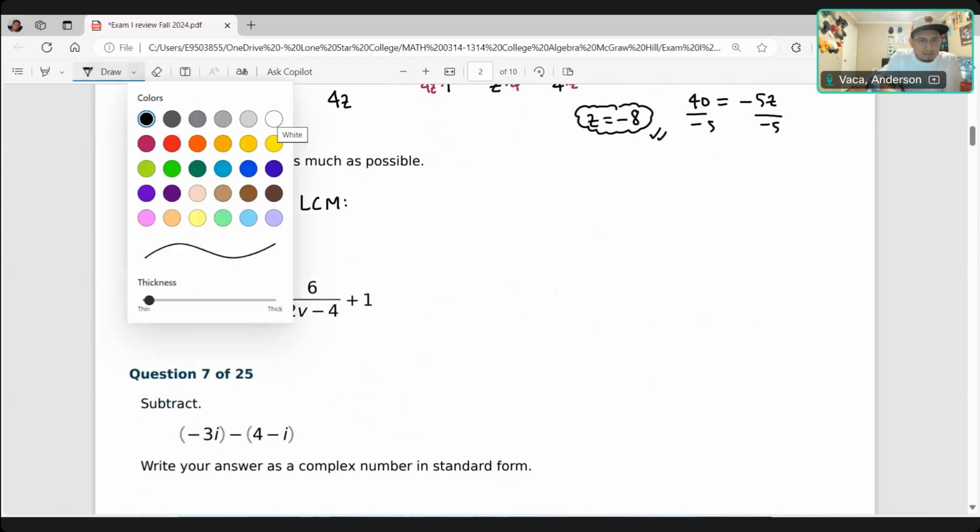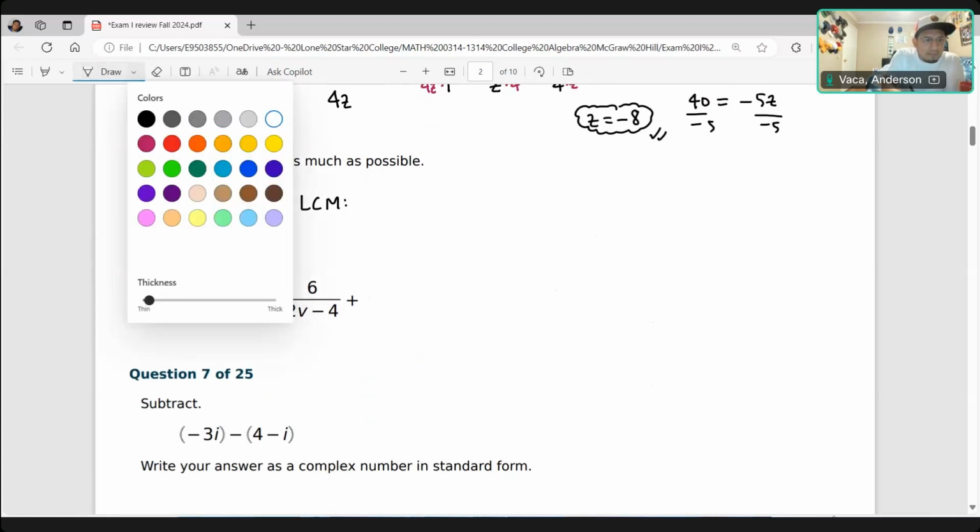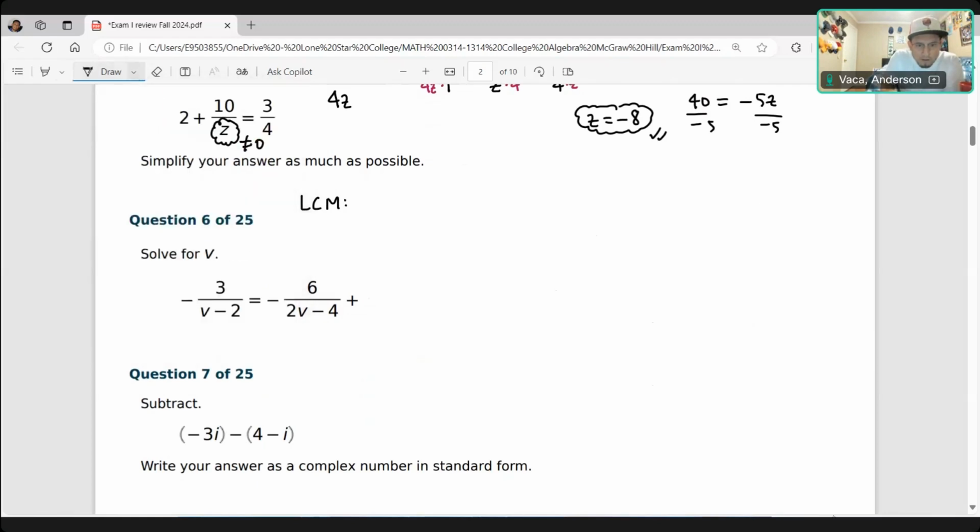I'm going to write this like this. That's a 1, let's not forget. 1 over 1. Alrighty then. What are the denominators? The denominator is this and that, and also 1.